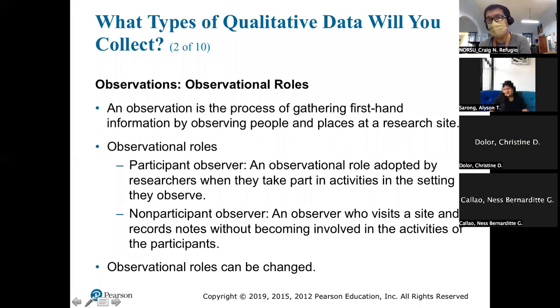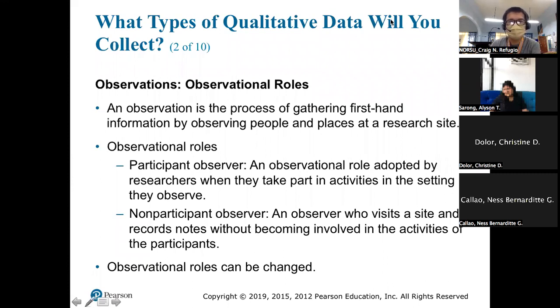An observation is the process of gathering first-hand information by observing people and places at a research site, while observational roles include the participant observer, an observational role adopted by researchers when they take part in activities in the setting they observe.